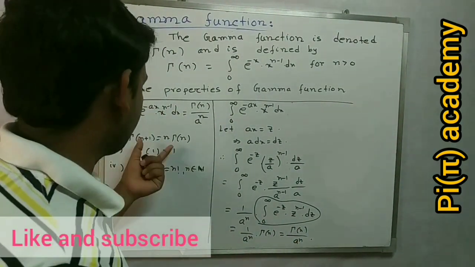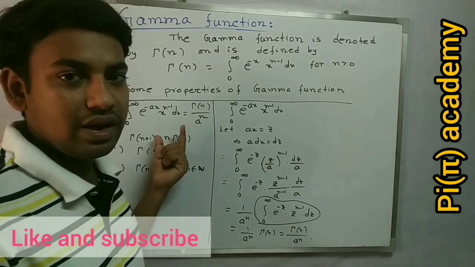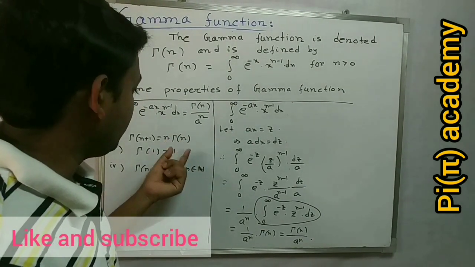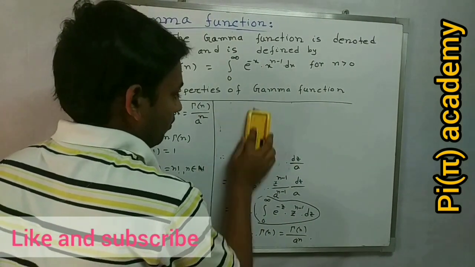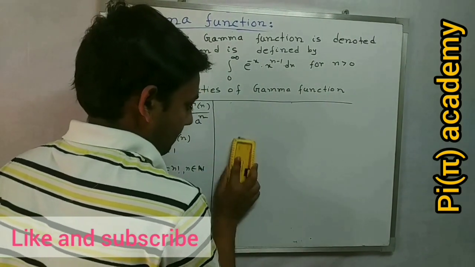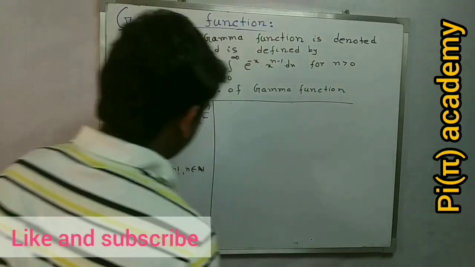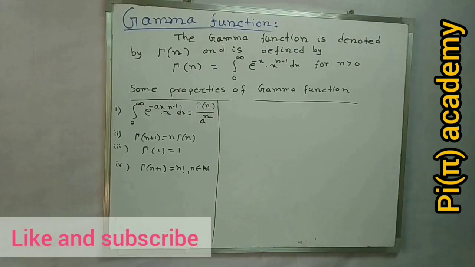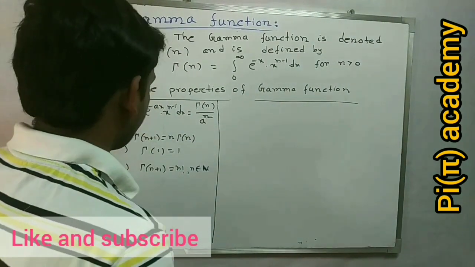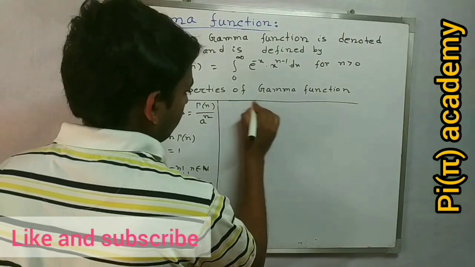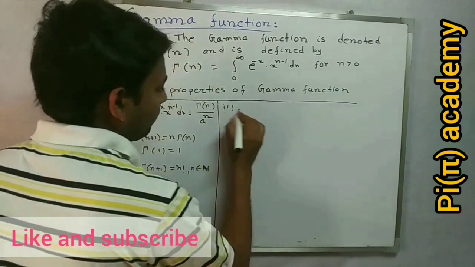Now I prove the second property: gamma n plus 1 equals n gamma n. Property 2.